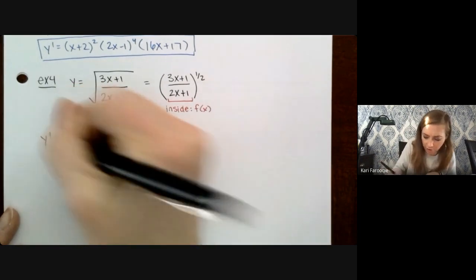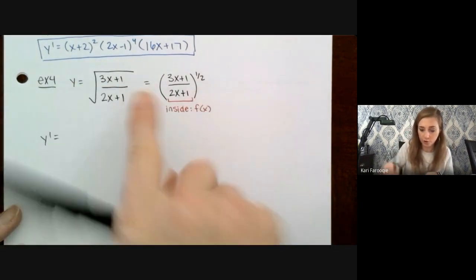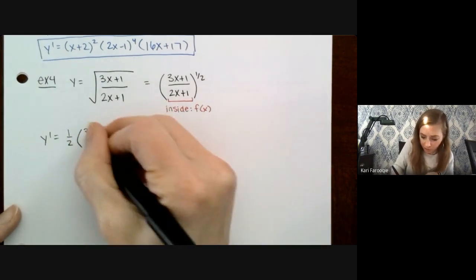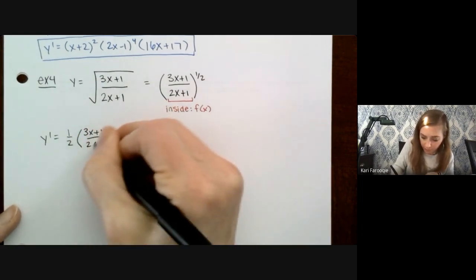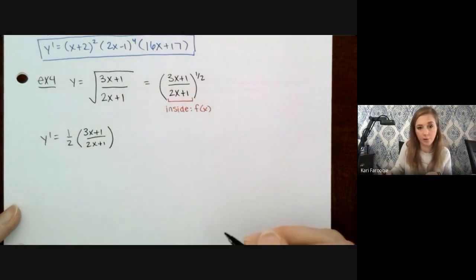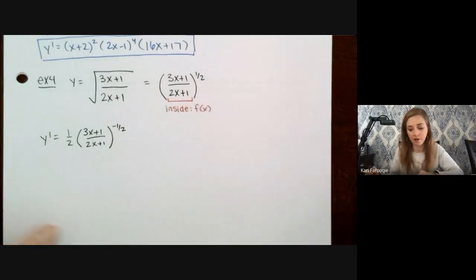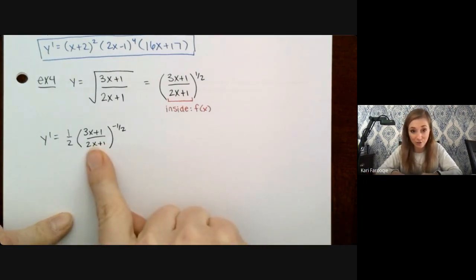Okay, so y prime is, I'm going to bring the 1/2 out front. I'm going to rewrite the inside function. And I'm going to decrease the power by 1. I kid you not, I've had students who have left their derivatives just like this, and they're like, all right, I'm good, I'm done. No, you're not done, because you have to chain on the derivative of the inside function.